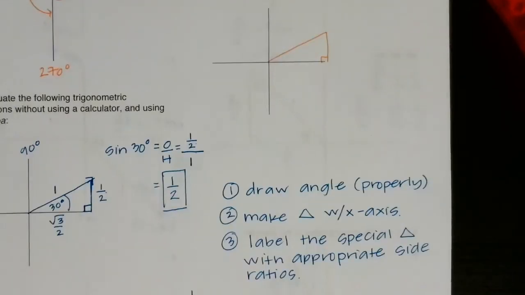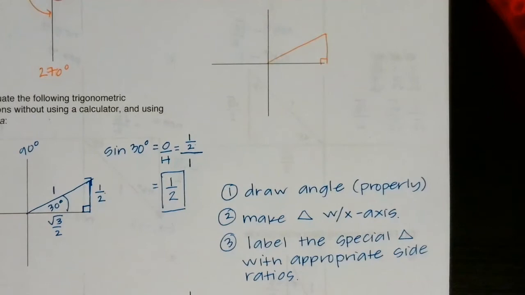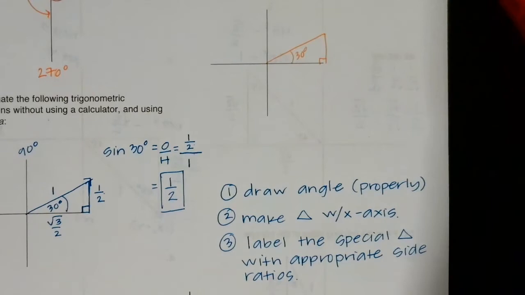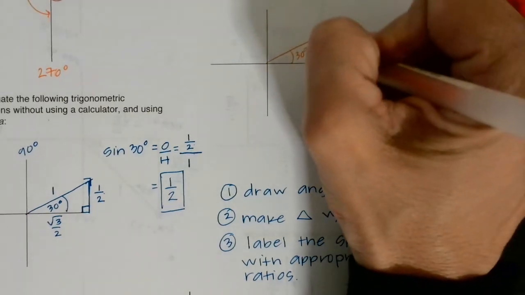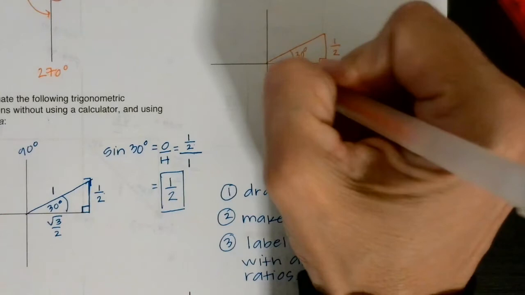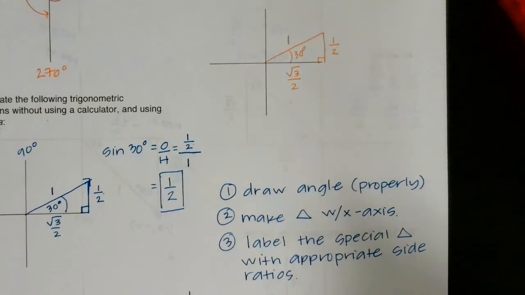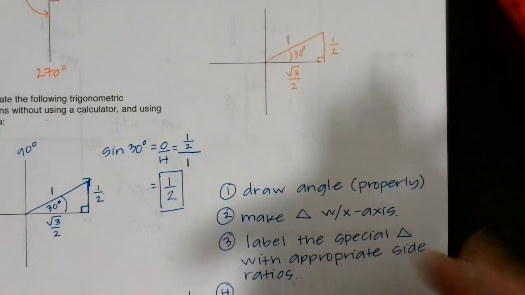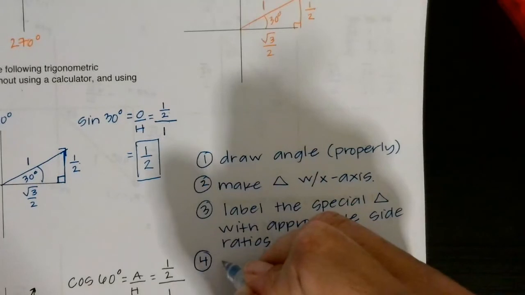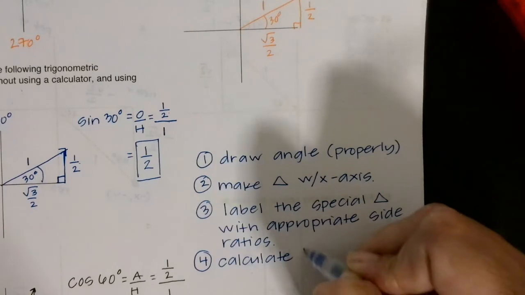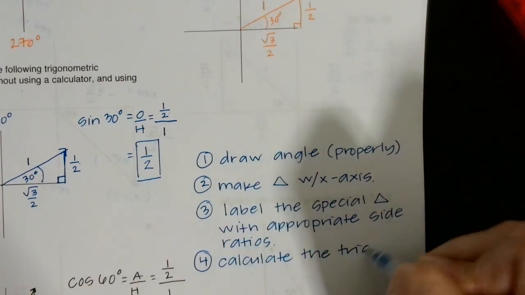Okay, so here's where we are so far. This is a 30-degree angle, so we drew the angle, we made the triangle with the x-axis, and now opposite 30 degrees is 1/2, opposite that is the 60 degrees is root 3 over 2, and then 1, and then we have to now do the tangent of that angle. So our step is to calculate the trig ratio.